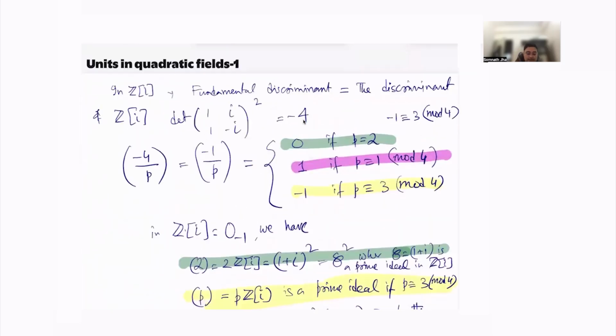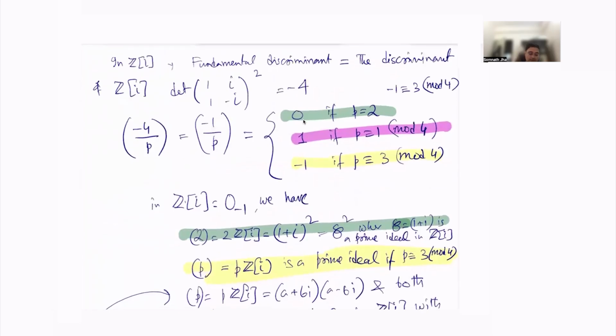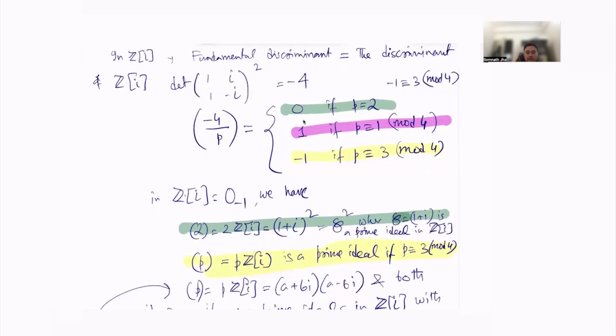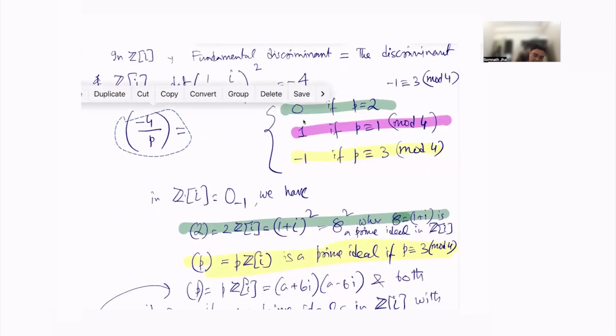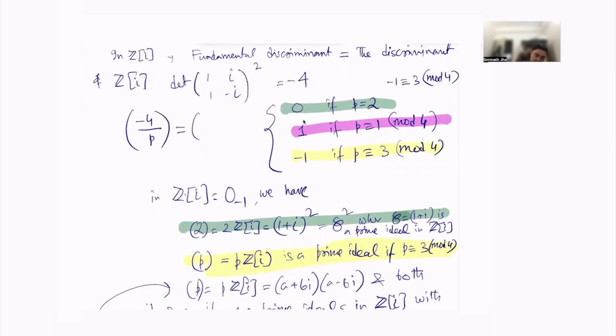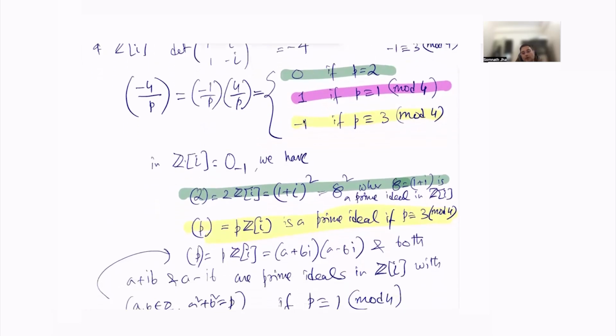And the last case is the remaining one. Actually, this is not quite true, so let me be a bit more precise, because of the factors. Yeah, now it is precise.